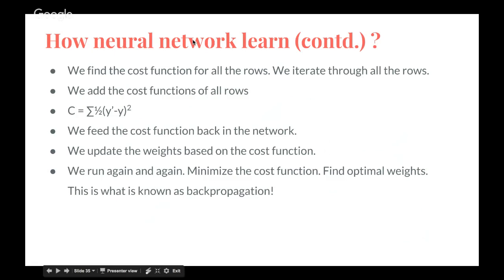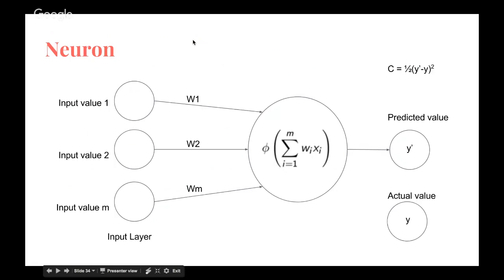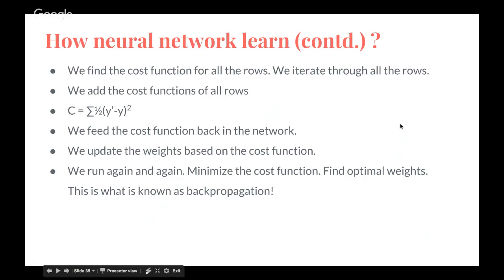So we find the cost function for each observation. Then we add the cost function for all the rows of the training data. Let's say you have 10,000 rows. You predict a value for all those rows, and then you find the cost function for all those rows, right? So now you know how far you are for each actual value and for each observation. We have traversed through the entire data, right?